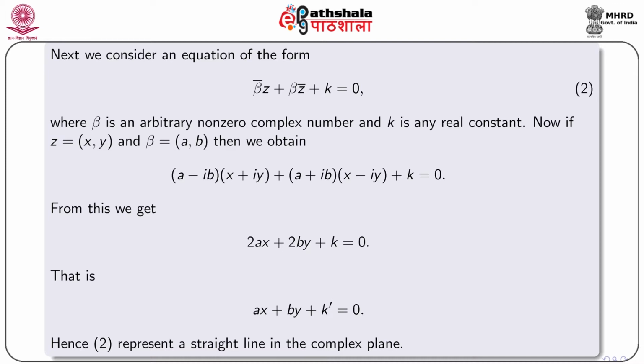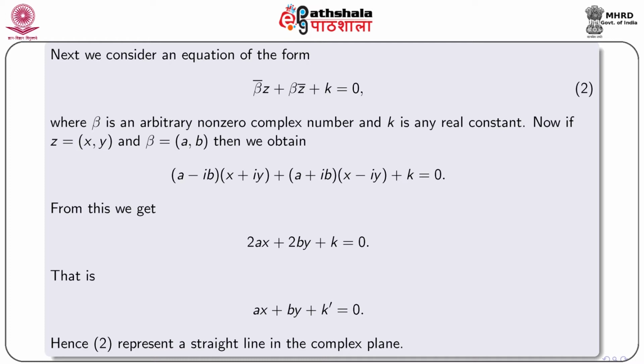Now, if z is equal to ordered pair (x, y) and beta is equal to ordered pair (a, b), then from above we obtain (a minus ib) into (x plus iy) plus (a plus ib) into (x minus iy) plus k is equal to 0.